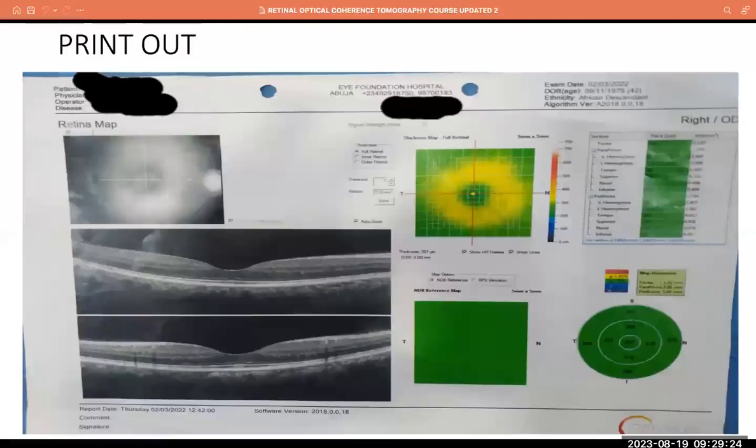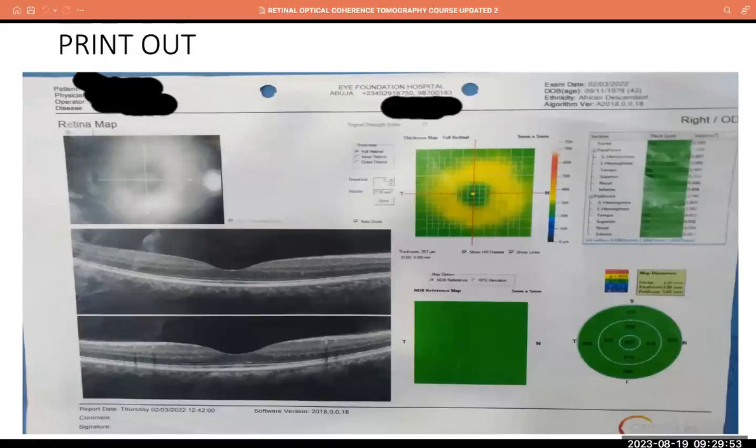So below that is the retinal map itself. That's the two, how do I put it, the two gray pictures, one on top of the other. That's where we'll give most of our concentration today. You're meant to see these images are two, but they are different images of the same thing.